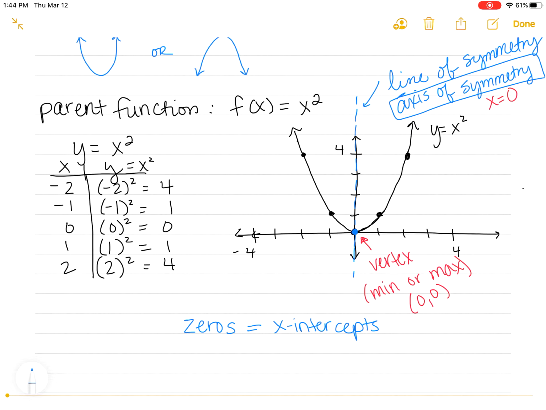It's where the y value is equal to 0, and that's where it crosses the x-axis. And then your y-intercept, of course, is where it crosses the y-axis.